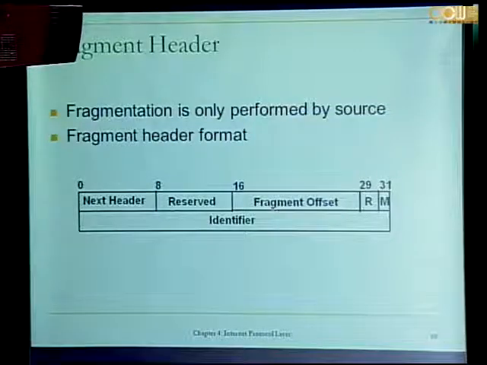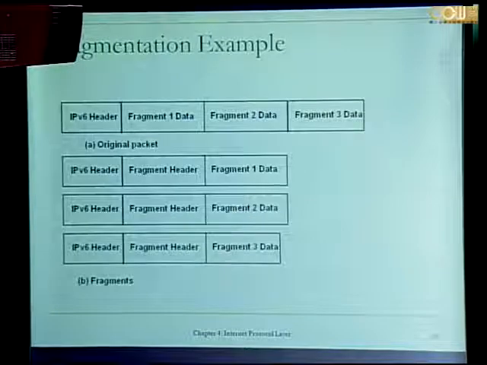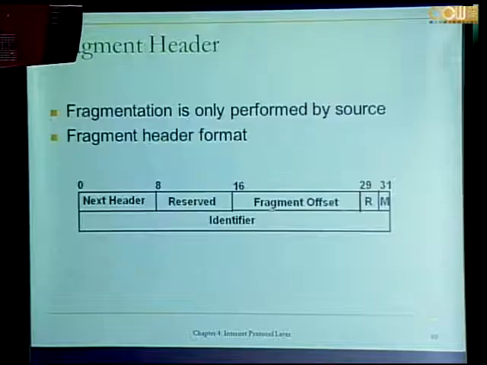But in case you do fragmentation, then you need an identifier in the extension header, I mean the fragment header. So you have identifier, offset, and a more bit. With the offset, more bit and identifier, you can do the same thing as IPv4, except that now it's in the extension header, not in the IPv6 header.